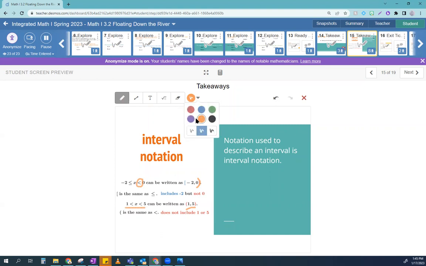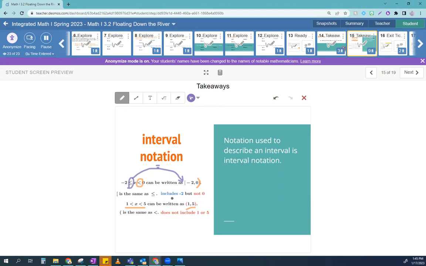So I only get to put a bracket when I have an equal to sign. If you don't have an equal to sign, you automatically have to use a parenthesis. So the bracket is the same as the less than or equal to sign, and it includes -2, but not 0.